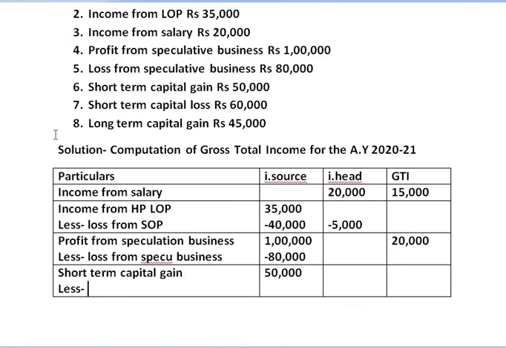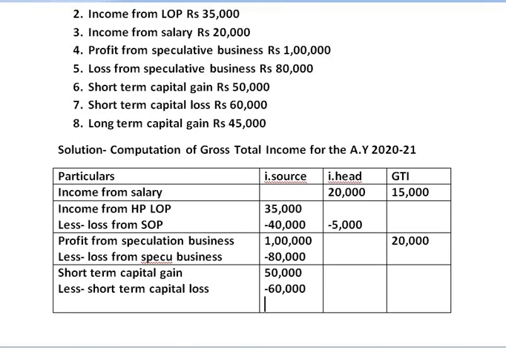Let us deduct that amount, less short-term capital loss, which amounts to rupees 60,000. Now we can see that there is still a balance of rupees 10,000, which is the balance of loss from short-term capital asset.